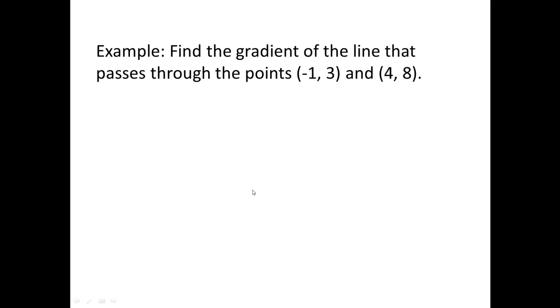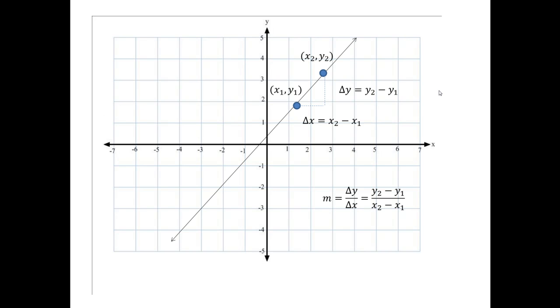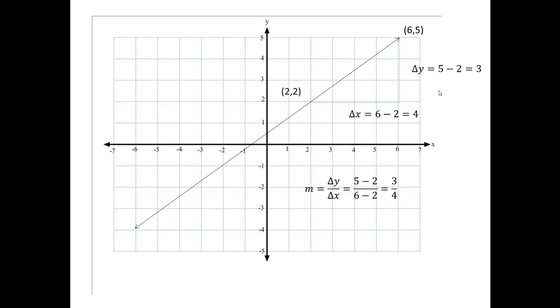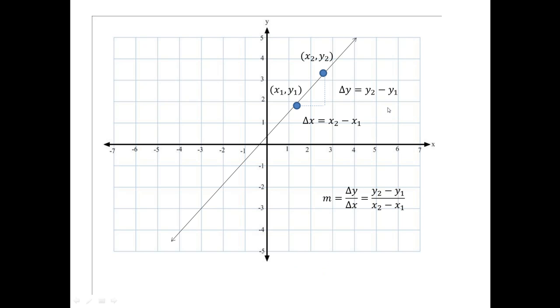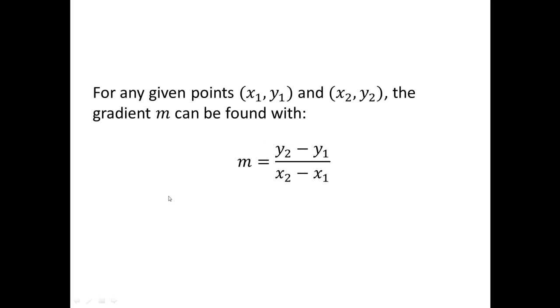So let's go on to an example where we have just the points, no graph for us to do our checking with. We can't actually find the change using the graph, so we'll have to use the equation that we got here.